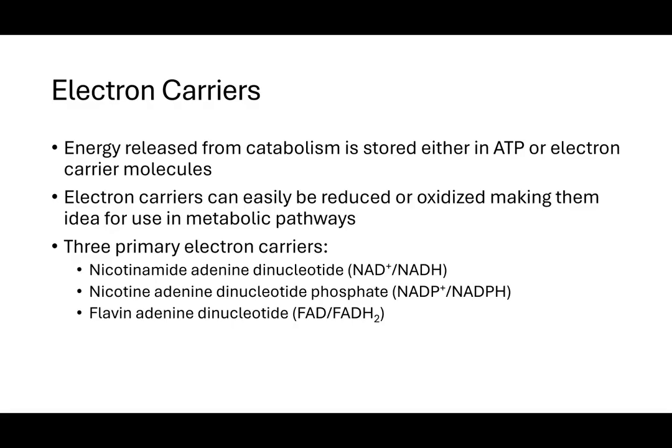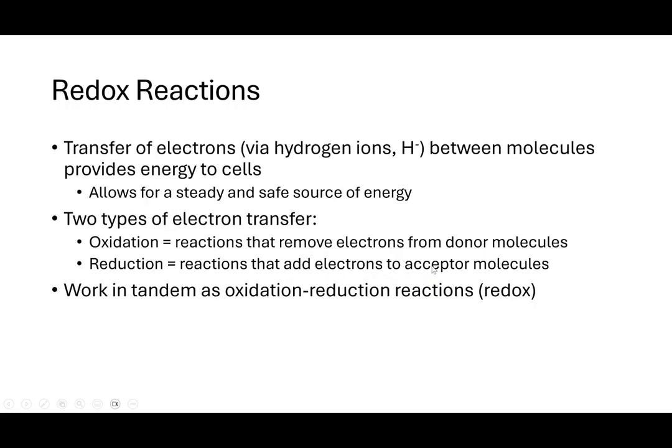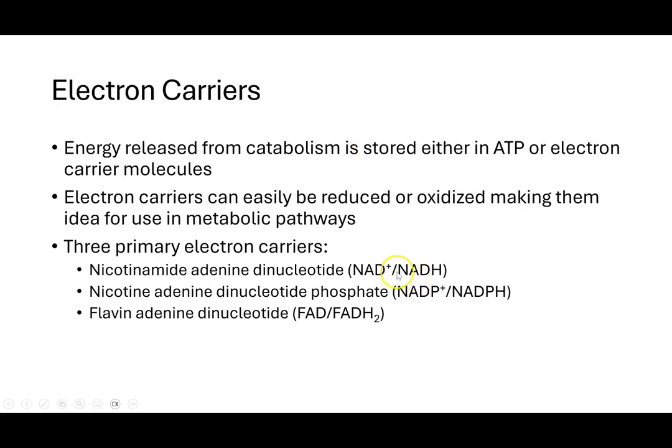So the first group is nicotinamide adenine dinucleotide, abbreviated as NAD. So when we have NAD with that plus versus NADH, that H again is representing that hydrogen that I mentioned on this slide. So that hydrogen ion, remember, carries a negative charge. So now we come look at this.